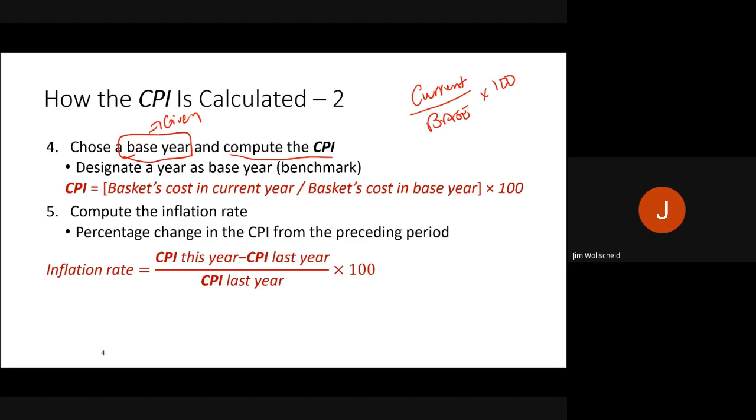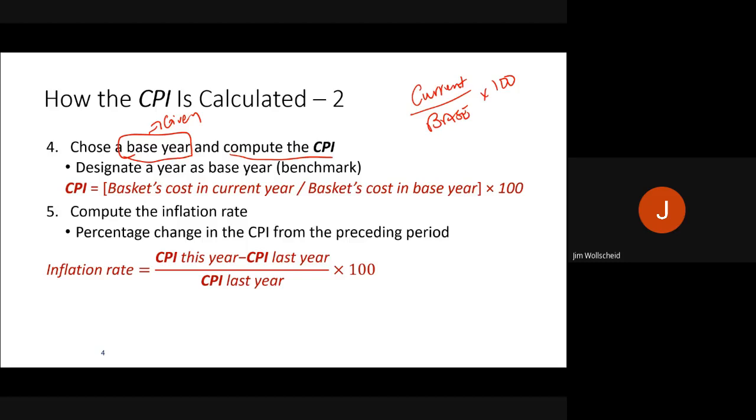Just like the GDP deflator, the CPI is what we call an index variable. That means it has no units. So you don't put a dollar sign on it, you don't put a percent sign on it, you don't put a pound sign on it. What you put on there is just a number. The CPI is just a number, so it's just 100. It's just 120. There's no units associated with it because we index it.